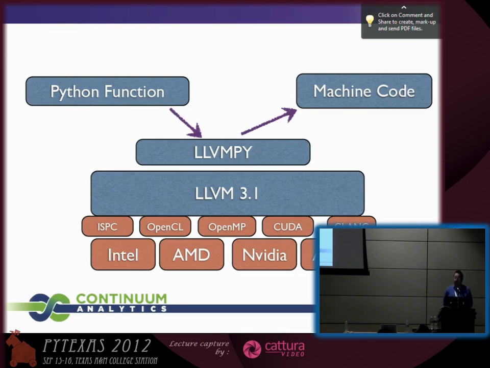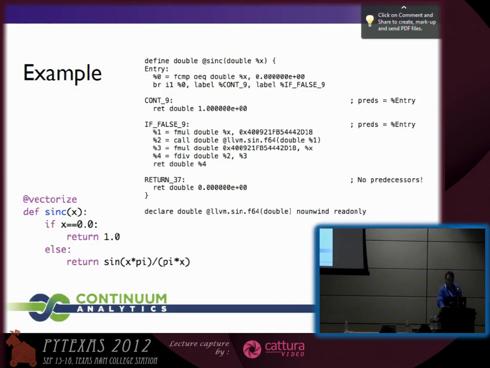Using llvmpy, the big advantage is that you can target multiple architectures. You can target, in particular, GPUs for your compute units. And here's an example of this.